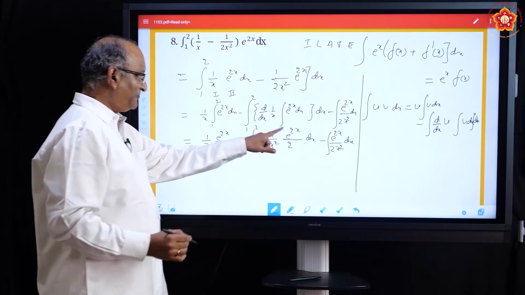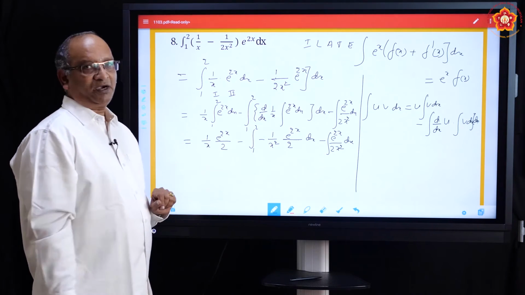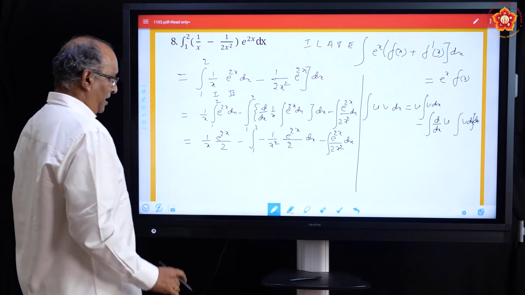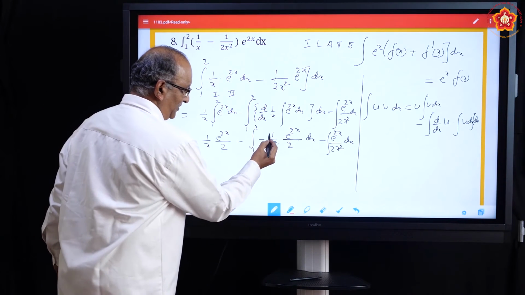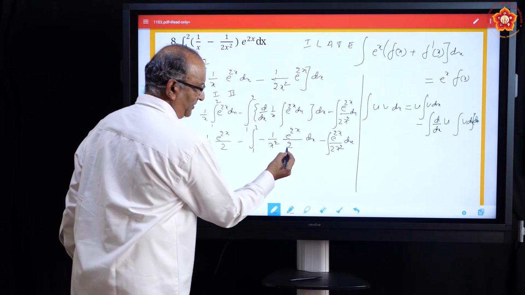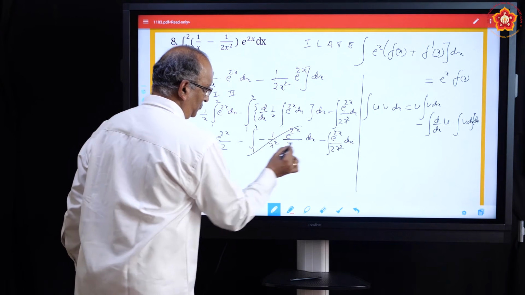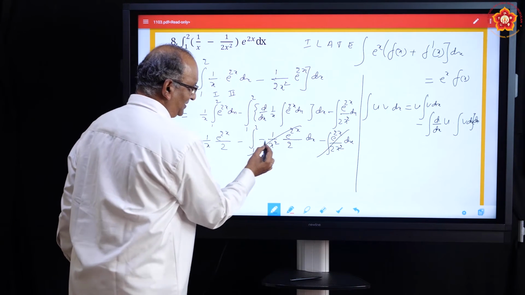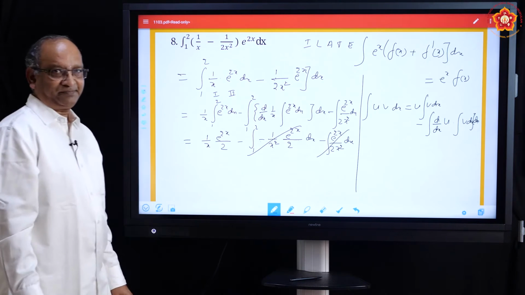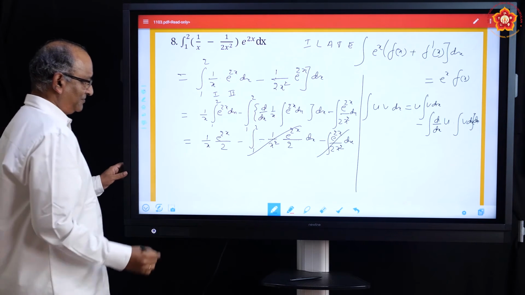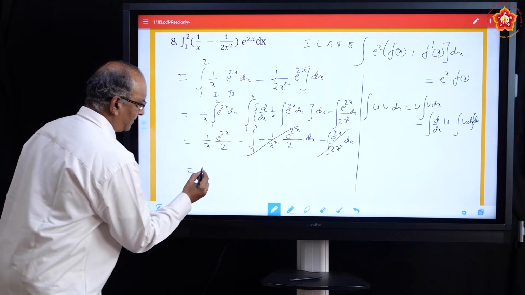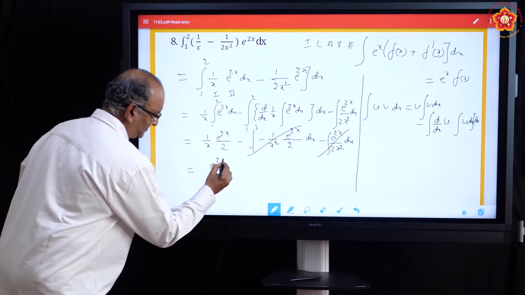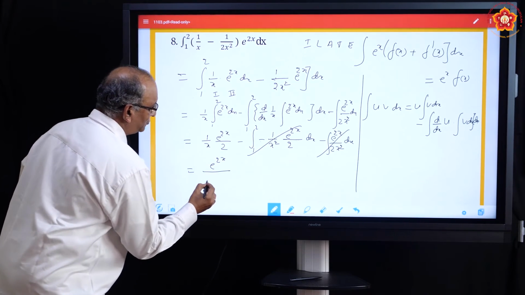Now simplify this. Minus into minus is what? Plus. This becomes plus 1 by x square e to the power 2x by 2, and it is the same. So this will get cancelled because one is with plus sign, another is with minus sign. And what is left? It is e to the power 2x by 2x.